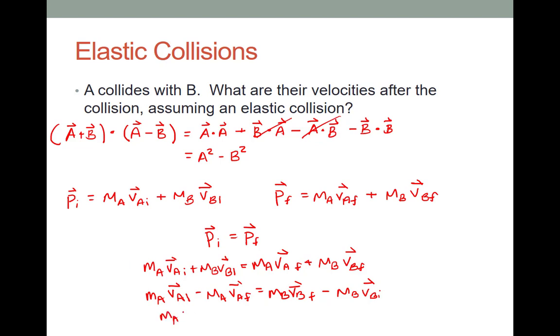So I end up with MA times VA initial minus VA final. And on the mass B side, I'm going to pull a minus sign out as well. That way, I again end up with the initial minus final velocities. So mark this equation because we're going to need it in a moment.